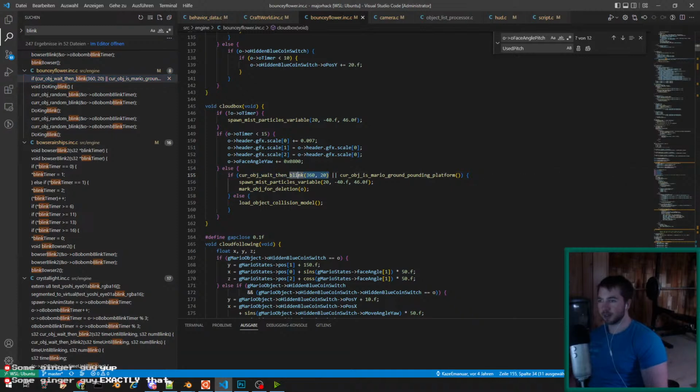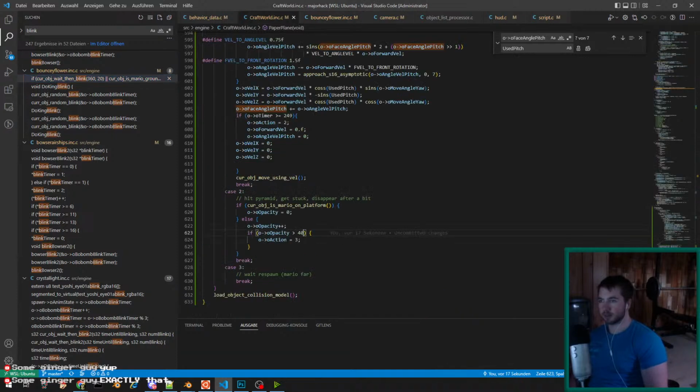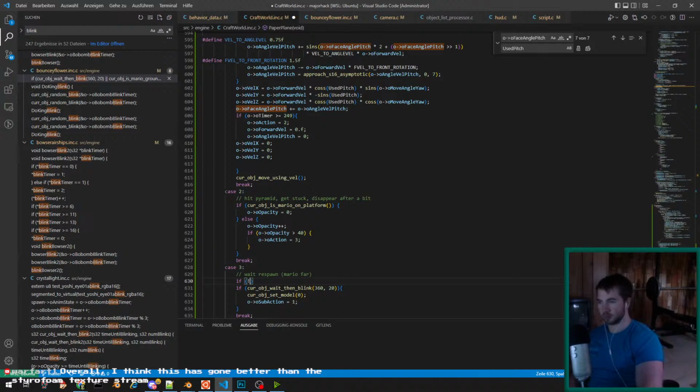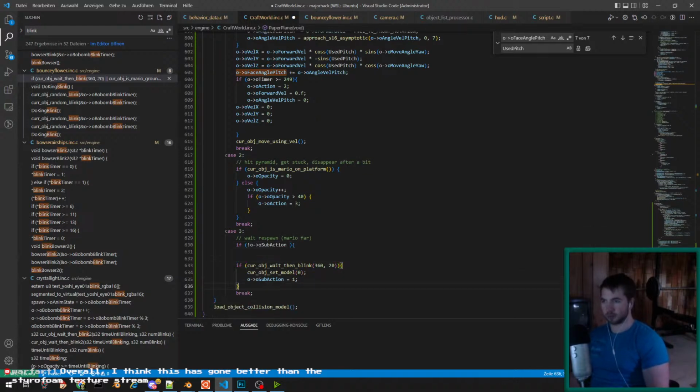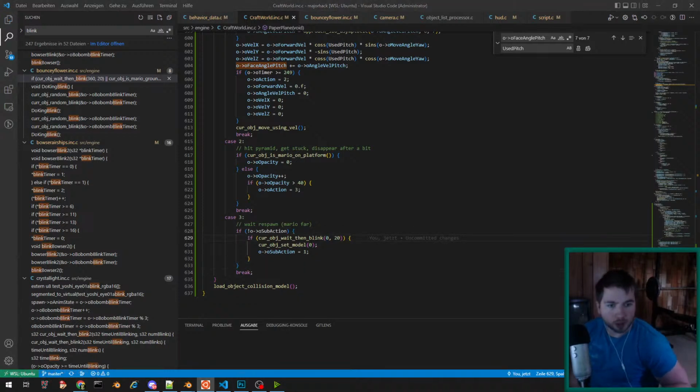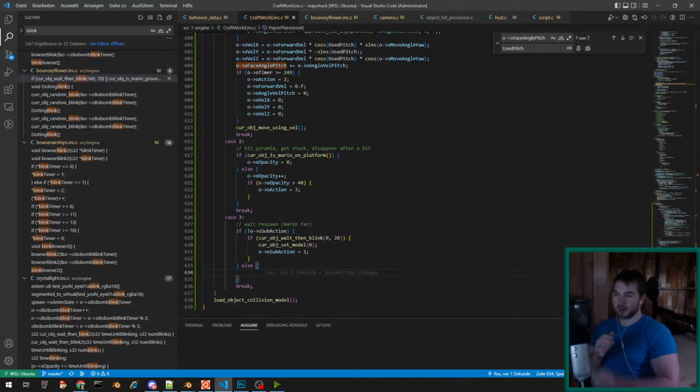Wait, then blink. I think this has gone better than the styrofoam texture stream. Yeah. Honestly, I don't remember the styrofoam texture stream.